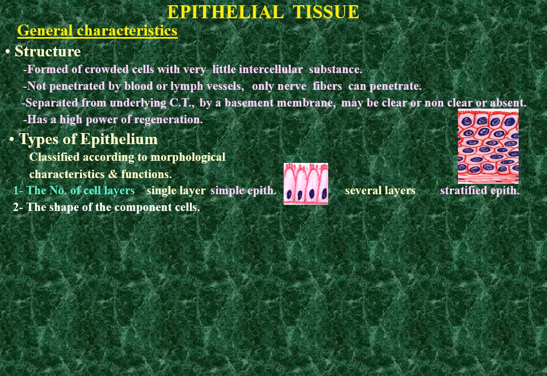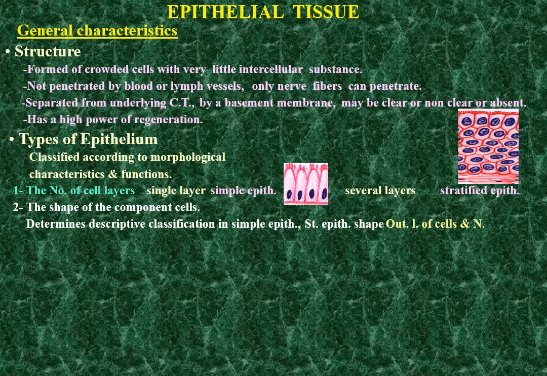Second, the shape of the component cells determines the descriptive classification in simple epithelium, while in stratified epithelium, the shape of the outermost layer of cells and their nuclei determines the different types.